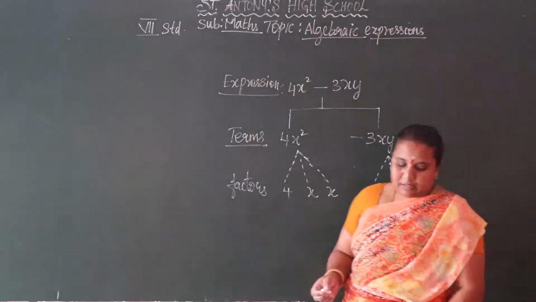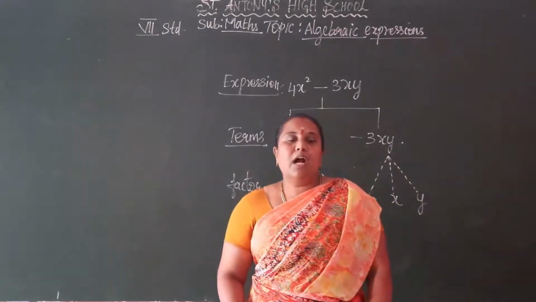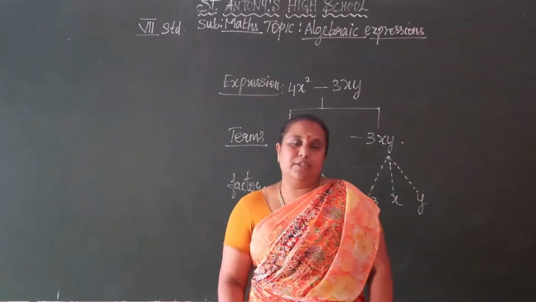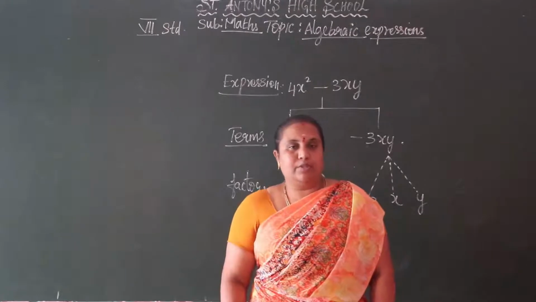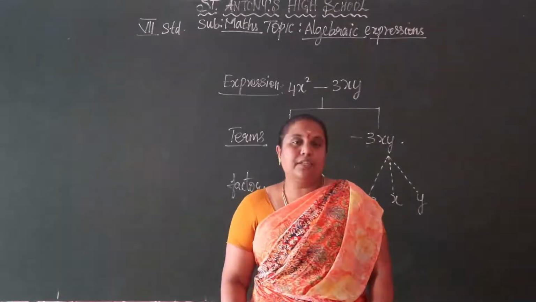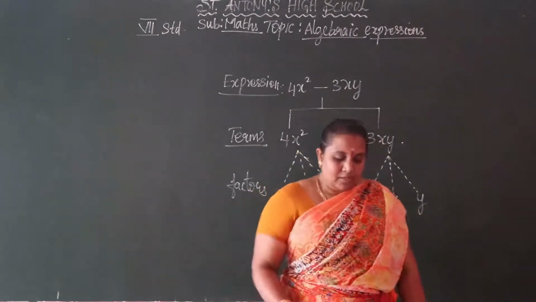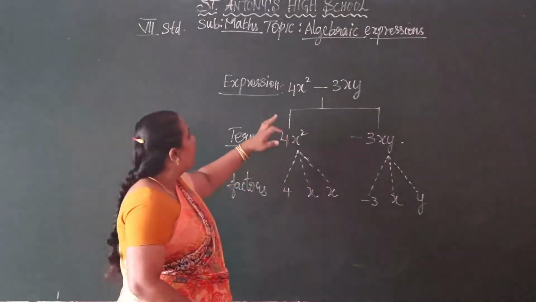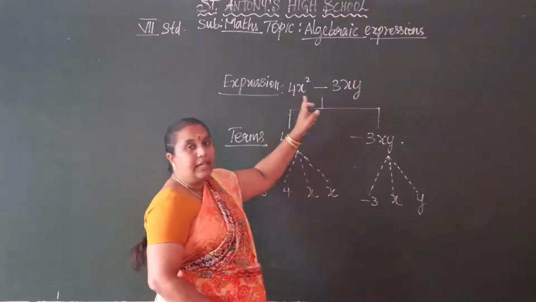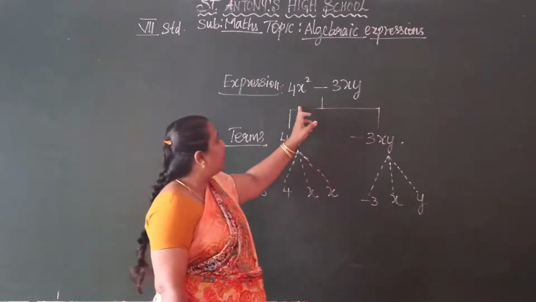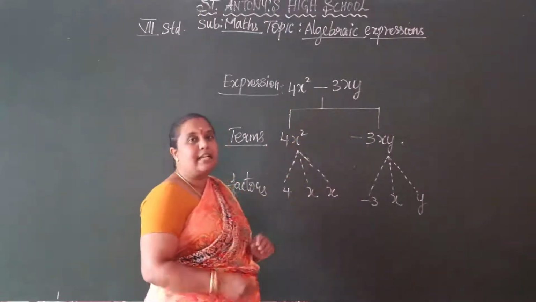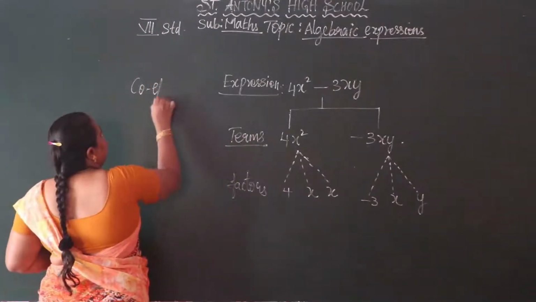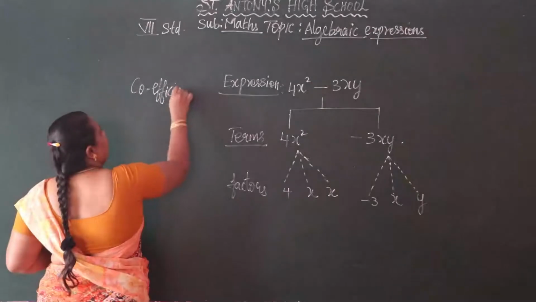Then we have to find the coefficients of the given terms. So what is the coefficient of x in the algebraic expression 4x square minus 3xy?